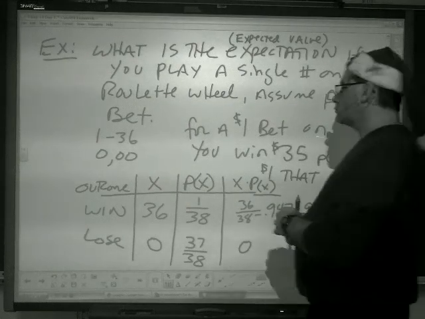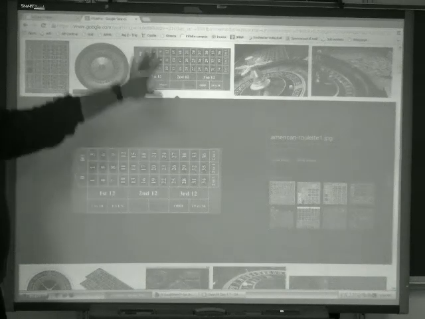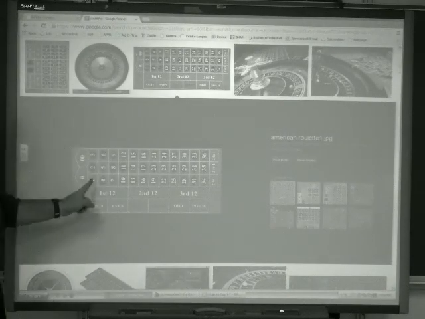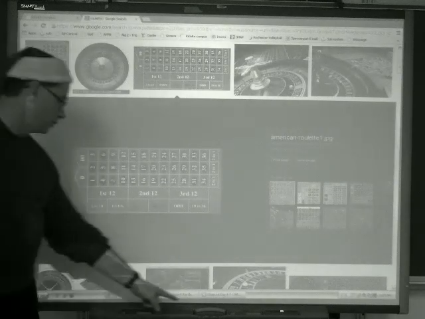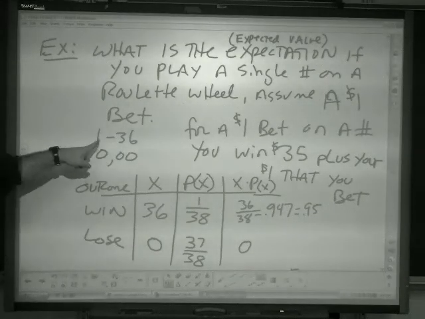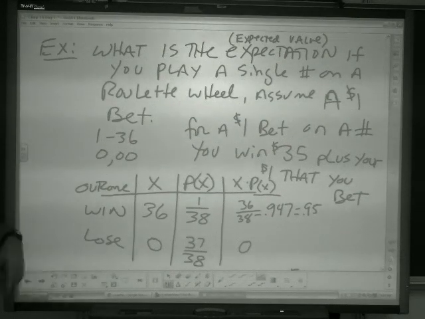All right? The roulette wheel, we took a look at roulette. Here's our roulette wheels. They have numbers 1 through 36, 0 and 00. There's 38 numbers. What are the outcomes?